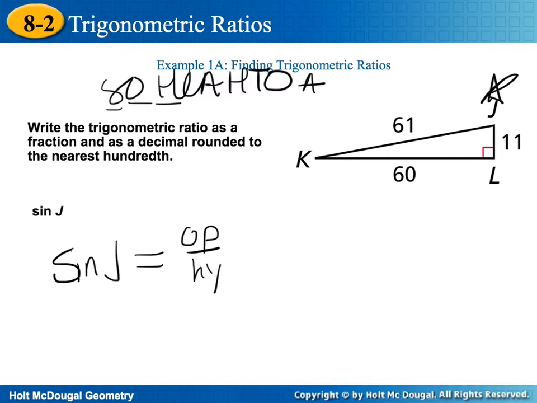So what I first want to do is look here at J. I want to name the opposite, adjacent, and hypotenuse based on J. If I look at J, the opposite is over here. The adjacent is right here. And the hypotenuse is right here.